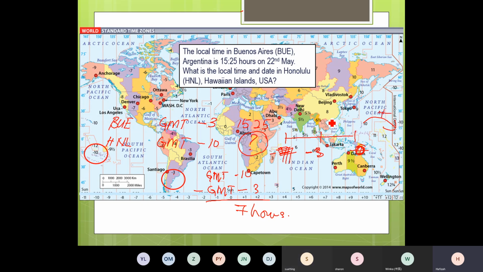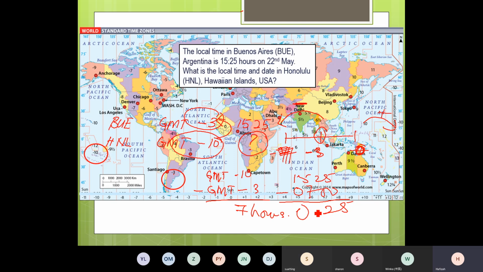So from here, you want to travel to here, so it will be minus. For 15:25, you need to minus the 7 hours because the GMT of Honolulu time is 7 hours behind Buenos Aires. So you need to minus.